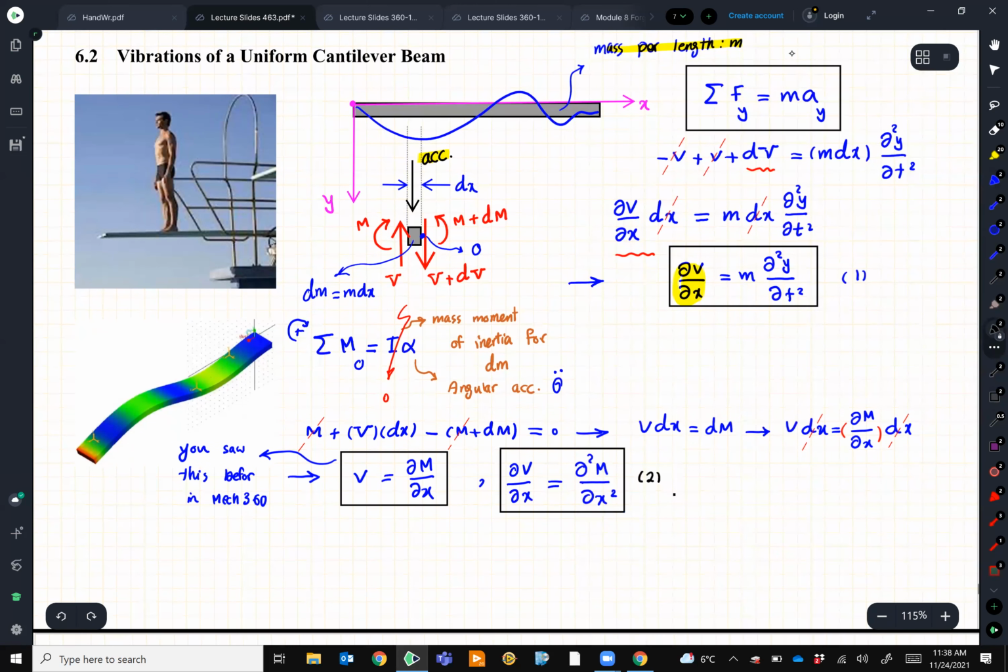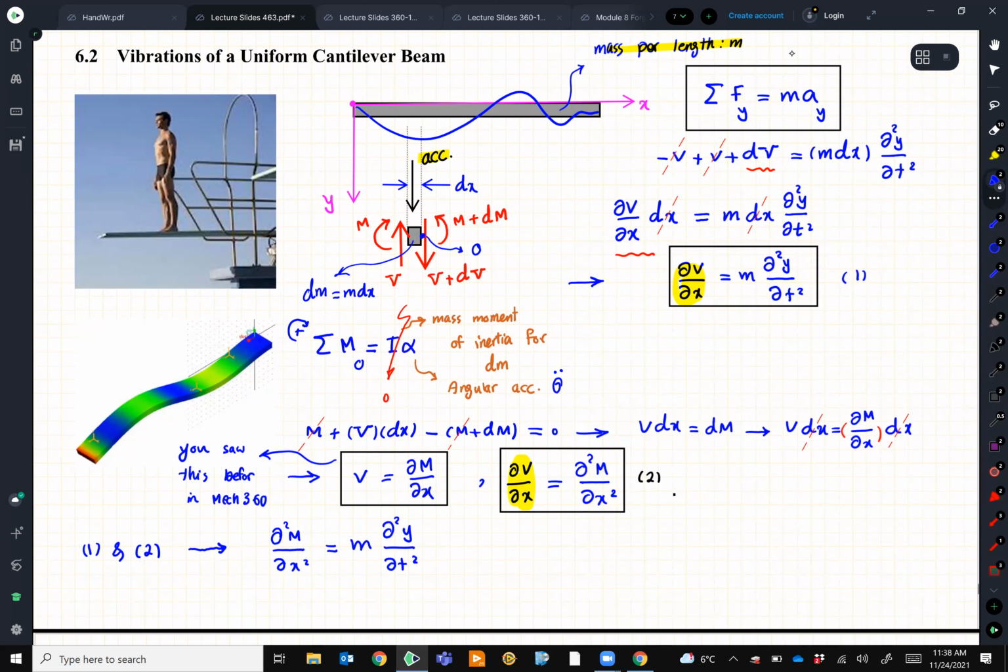So from equation 1 and 2, I substitute this guy there. I will end up with the second derivative of M with respect to x squared giving me m times the second derivative of y with respect to time.